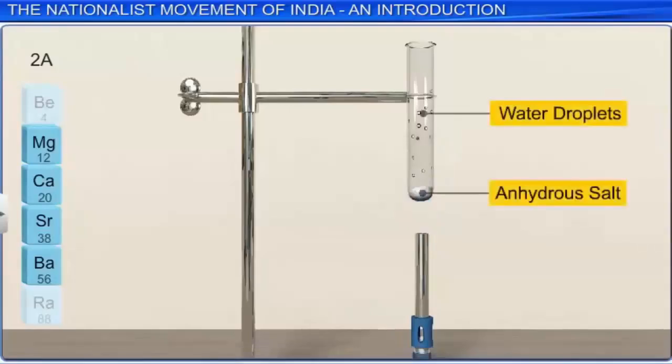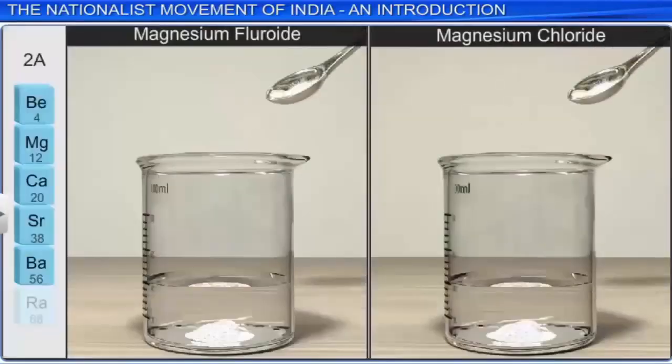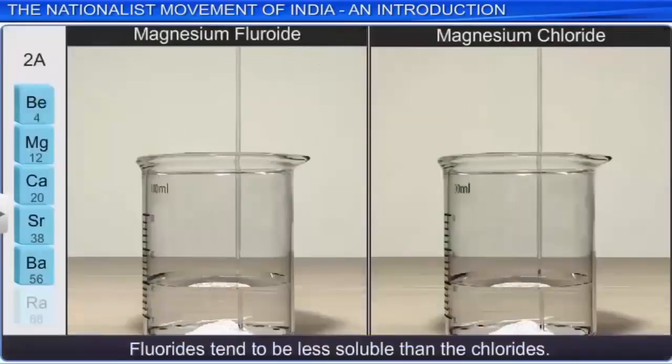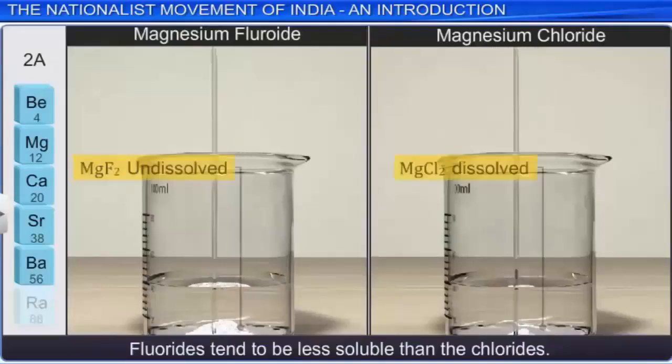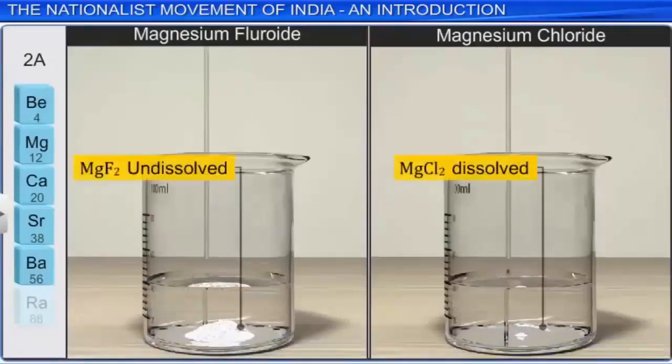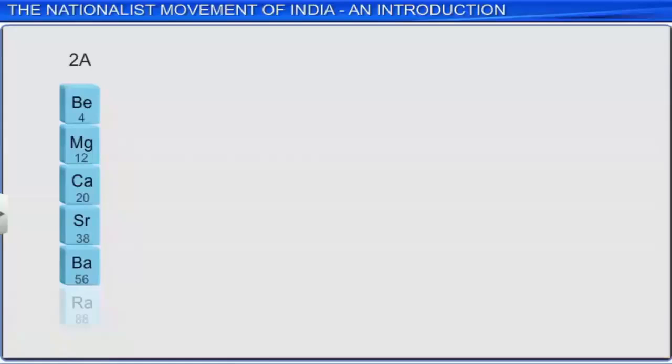These salts can be dehydrated upon heating, leaving anhydrous salts. It should be noted that beryllium and magnesium salts will undergo hydrolysis upon heating, though. In general, the fluorides tend to be less soluble than the chlorides because of the higher lattice energies associated with the fluoride salts.